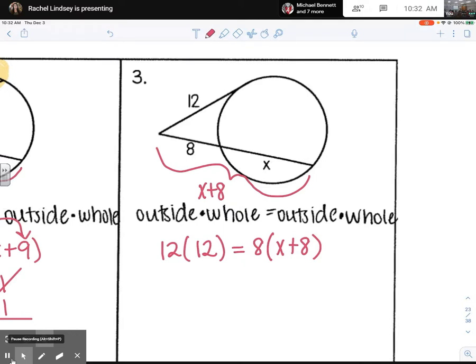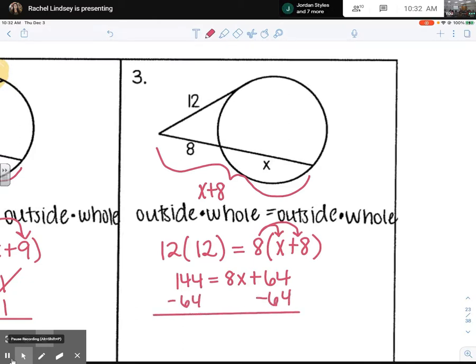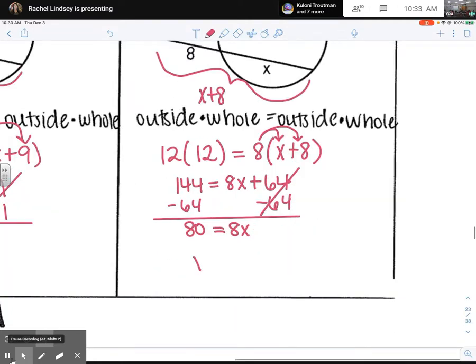So 12 times 12, 144. 8 times x is 8x. 8 times 8, 64. Okay, subtract that 64. 80. So 80 equals 8x. X would equal 10.